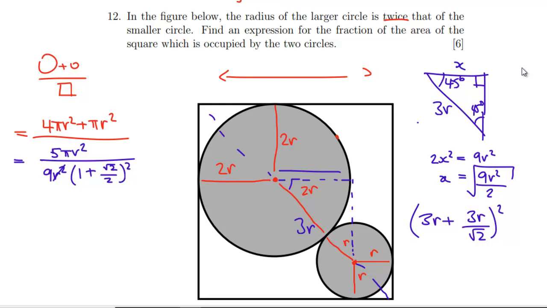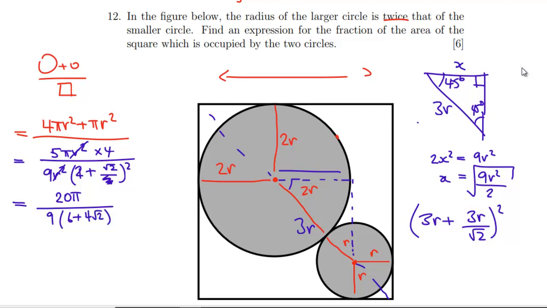So we can cancel those, make that a 2 and put a 4 at the top, which means we've got 20 pi divided by 9 times, if we square that out, 4 plus 2 is 6 plus 4 root 2.